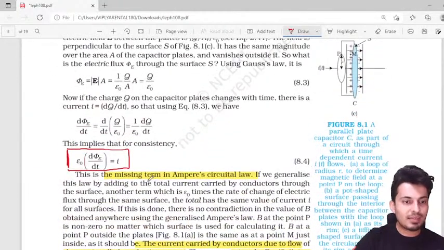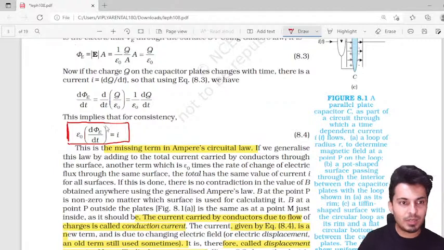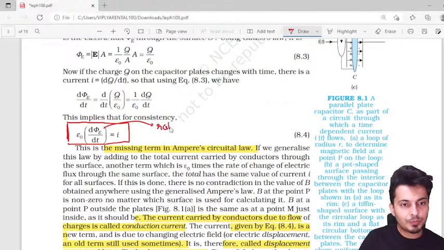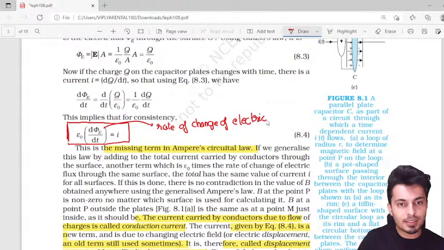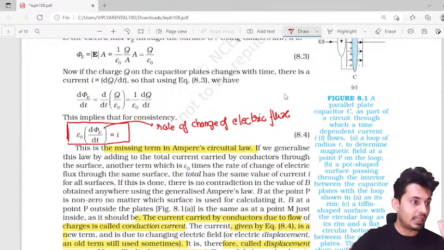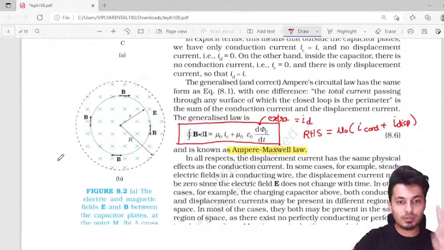Epsilon naught into d phi by dt is your displacement current. Epsilon naught is the permittivity, and d phi by dt is the rate of change of electric flux. That's why that symbol E is there. So a changing electric field causes a magnetic field. That's what you should remember. Keep this in mind.